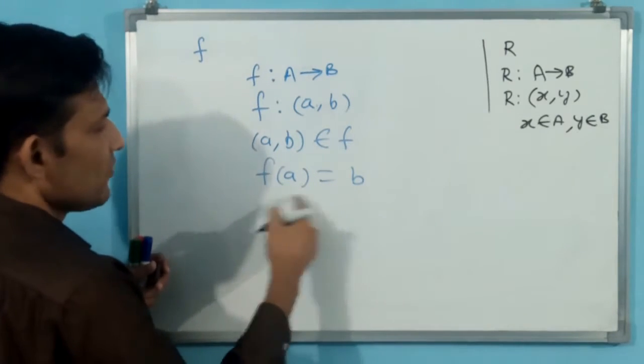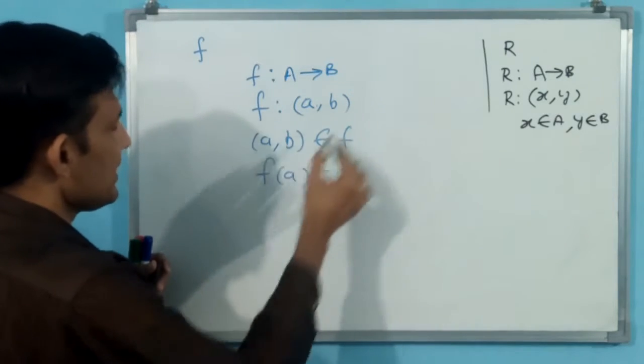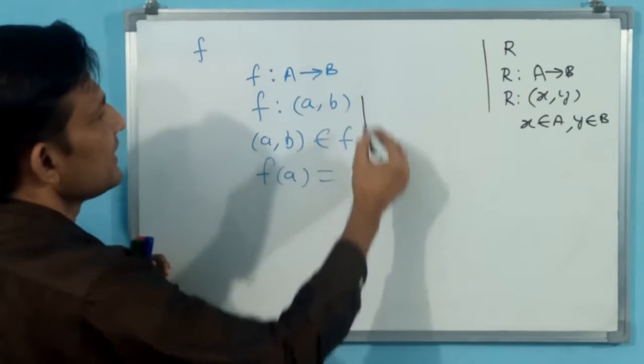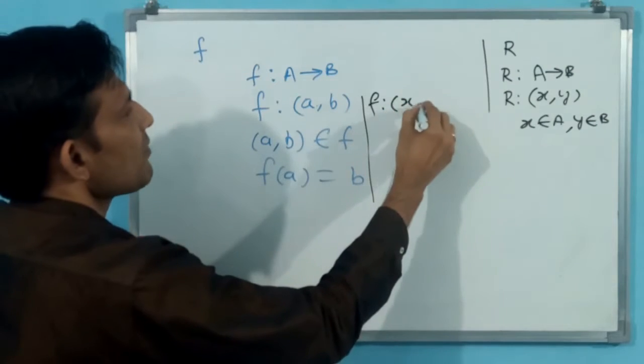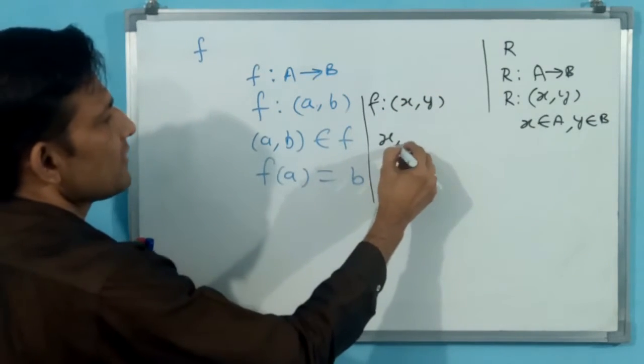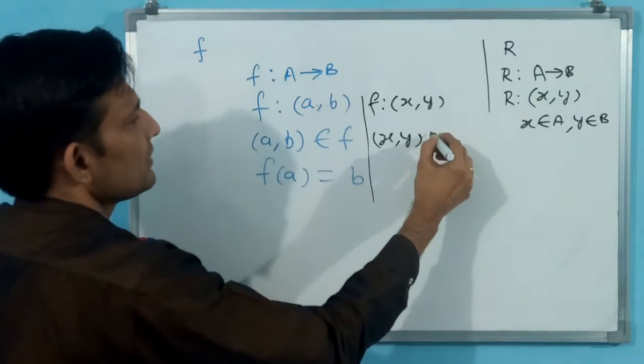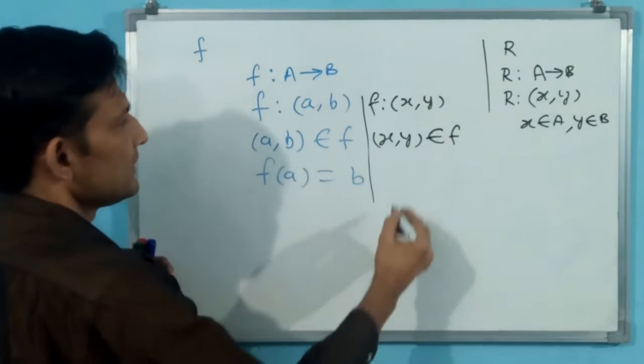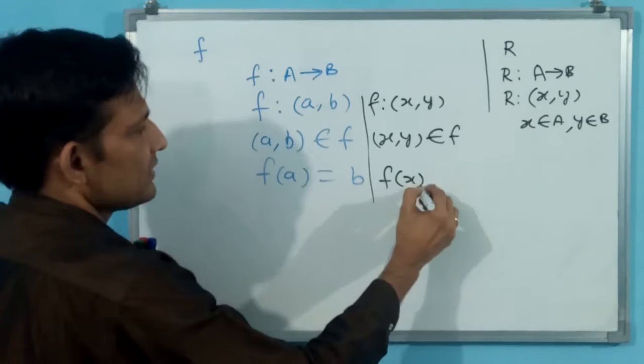And f of A is equal to B means automatically, if I write here, (x, y) belongs to f and f of x is equal to y.